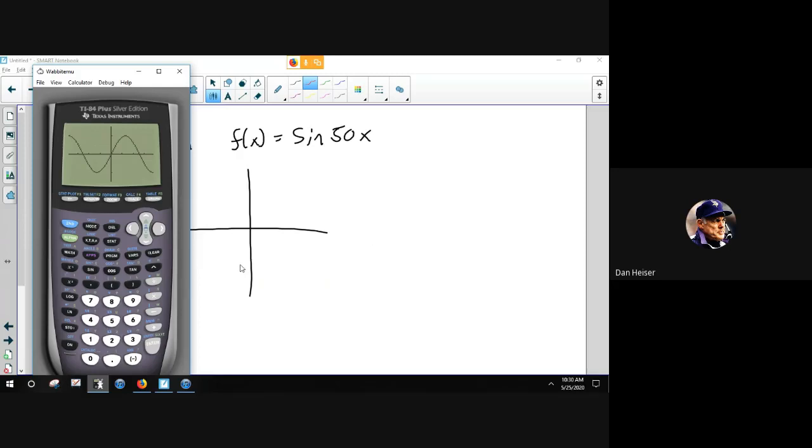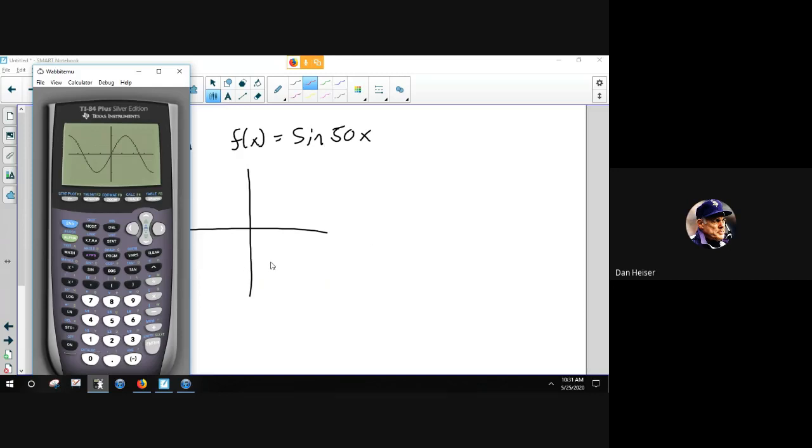Now I'm perplexed. I went from just really weird shapes to now a nice smooth curve. This is why we cannot 100% rely on your calculator.